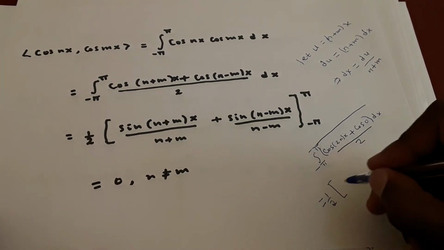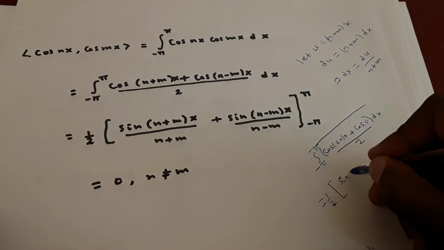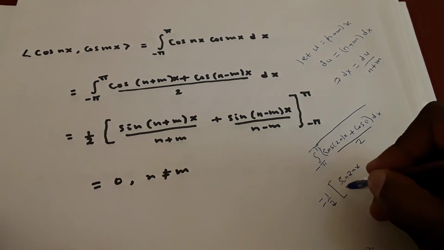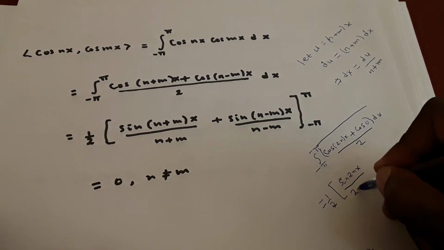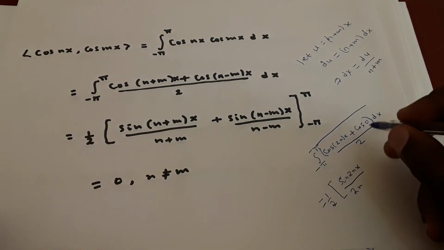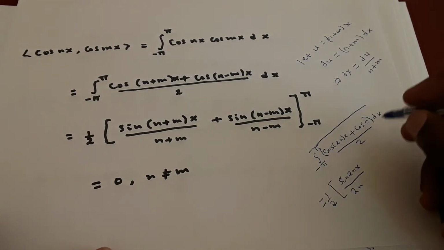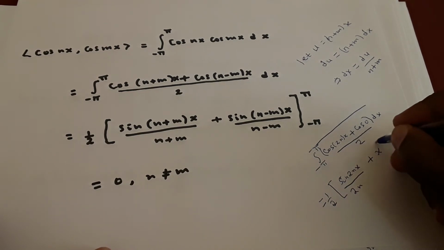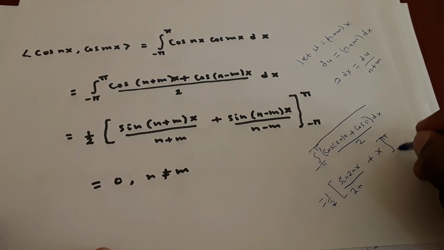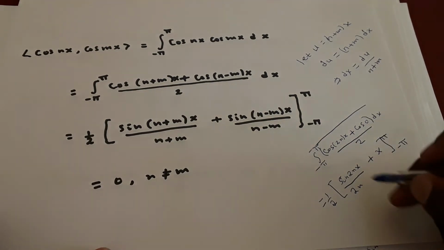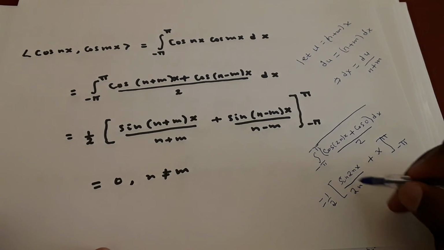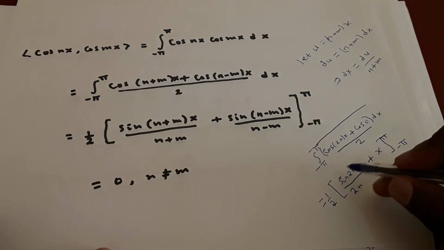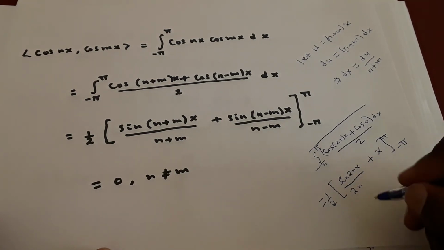The integration of cos 2nx is sine of 2nx over 2n, because n is m, that's why we use 2n, plus cos 0 is 1, and the integration of 1 with respect to x is x, evaluated at pi and minus pi. Sine 2n pi is 0, sine minus 2n pi is 0. So the first term vanishes.